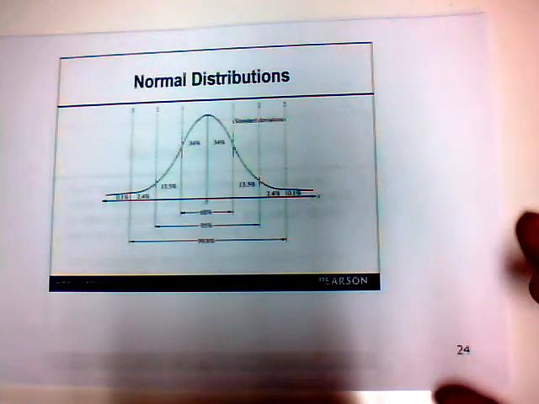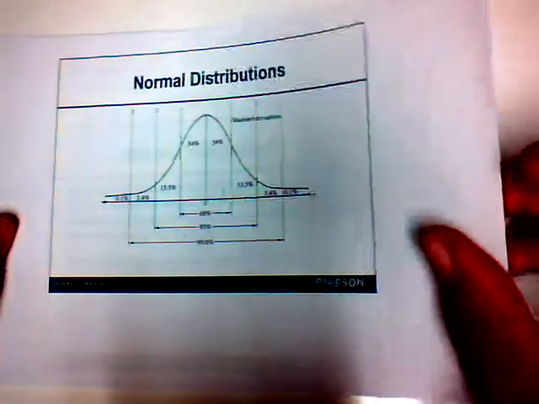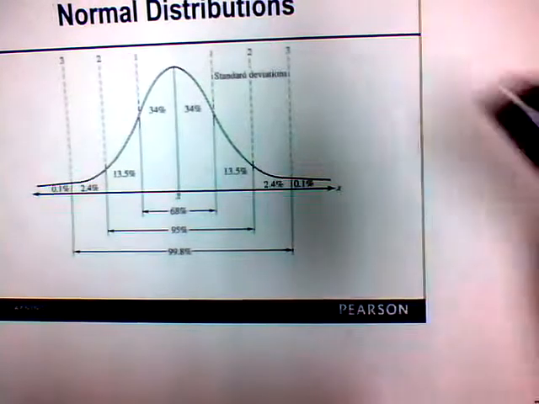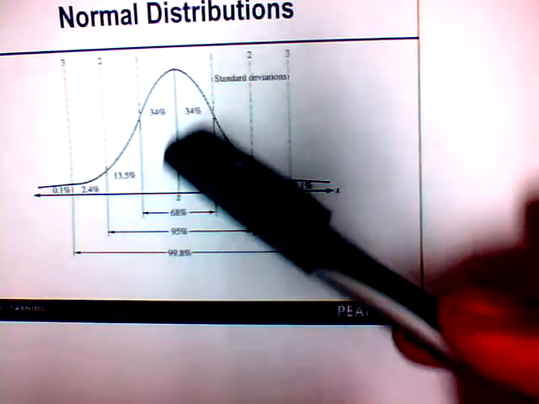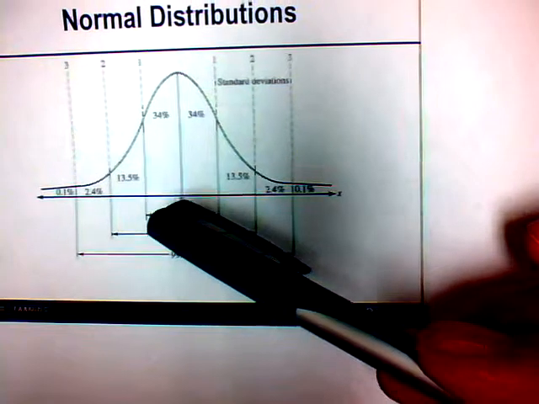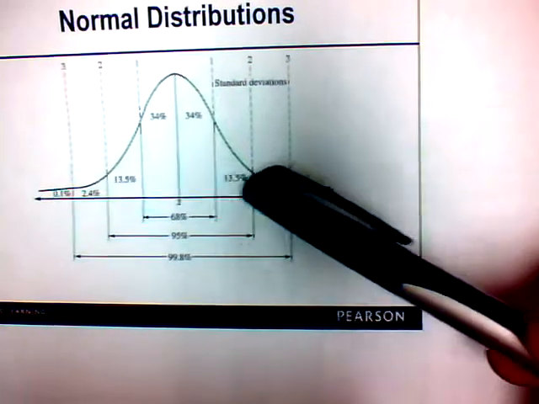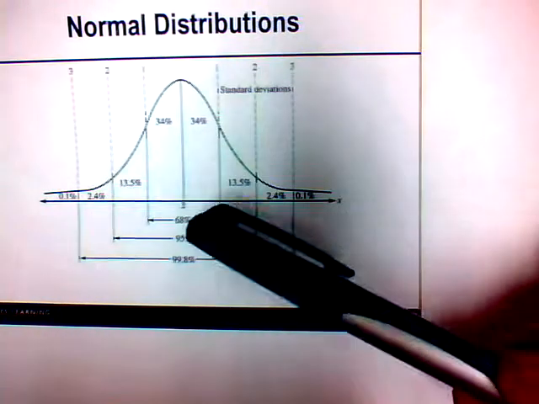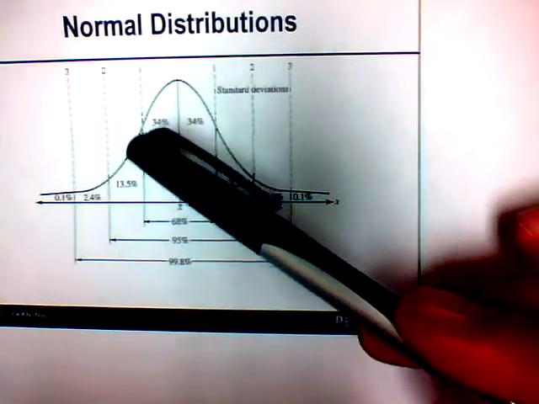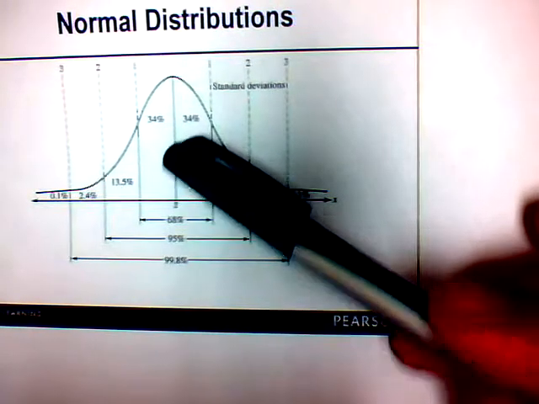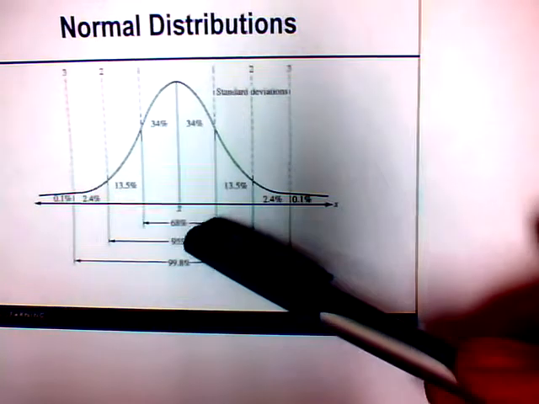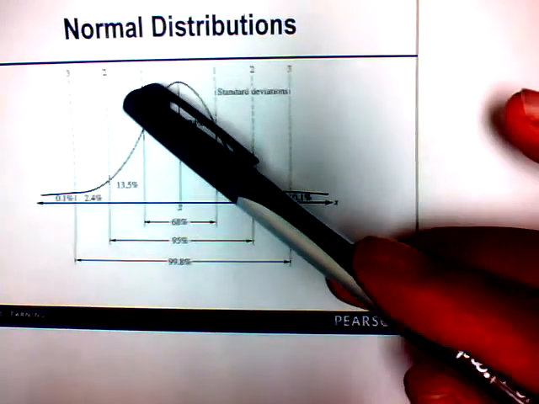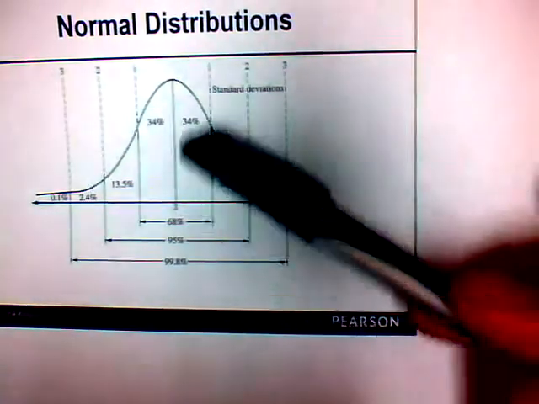Okay, and this is the breakdown of what the normal curve is. In this particular case, you're going to see here's the mean that's in the middle. That's the center of this normal curve, and I'm going to explain what these percentages mean. Now, the 68%, which is split up by 34% and 34%, tells us that 68% of the data values lie within one standard deviation of the mean.